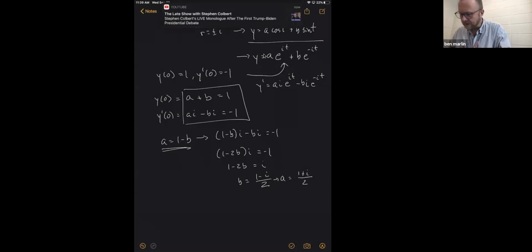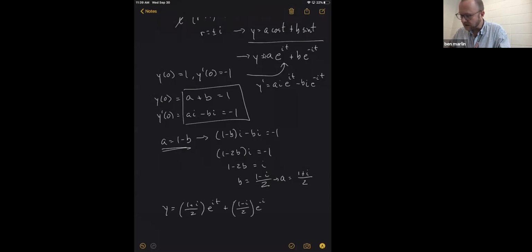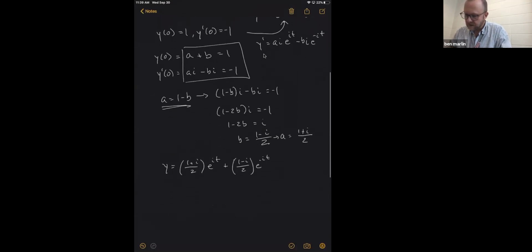So once you have those, we'll plug back in y equals (1 minus i)/2 e to the it plus the other one, which is the minus over 2 e to the minus it. Okay.